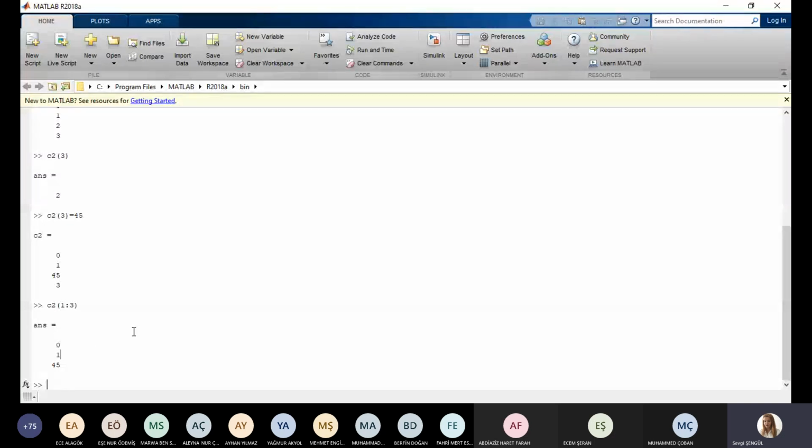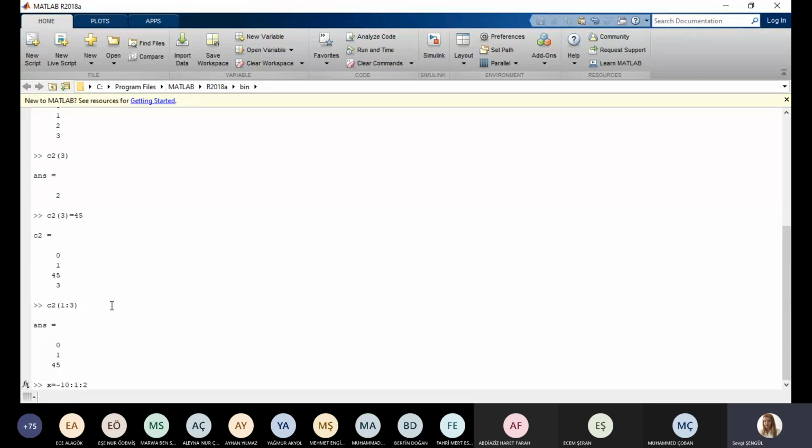Also, you can make vectors in an easier way. You can say my x vector is going to be from minus 10 to 2, and the increment for each is going to be 1.